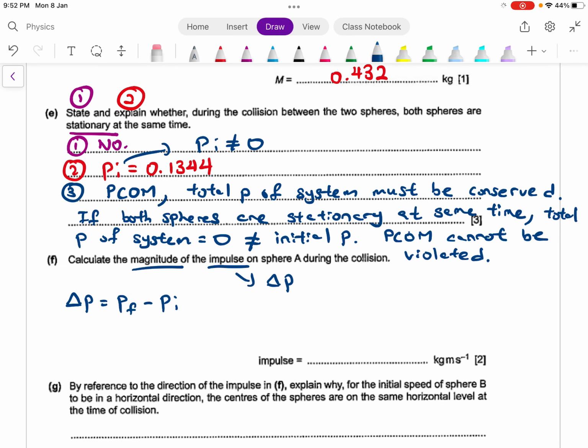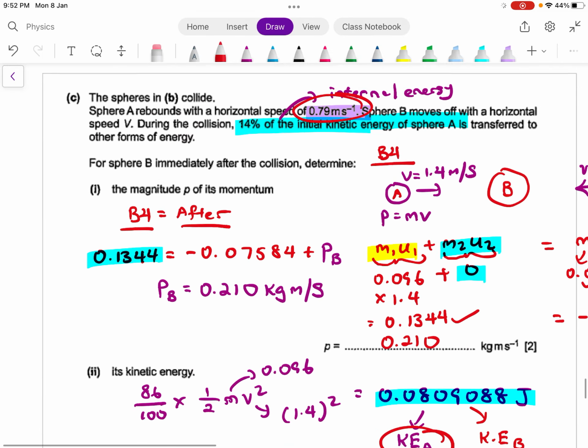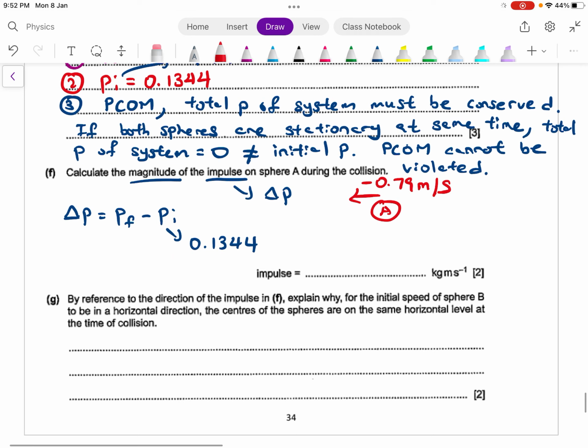My initial momentum I know already, it is 0.1344. For the final momentum, they tell us that sphere A moves off with a speed of 0.79 meter per second. Let me just double check first. 0.79. So it rebounds with a velocity of negative 0.79 meter per second.